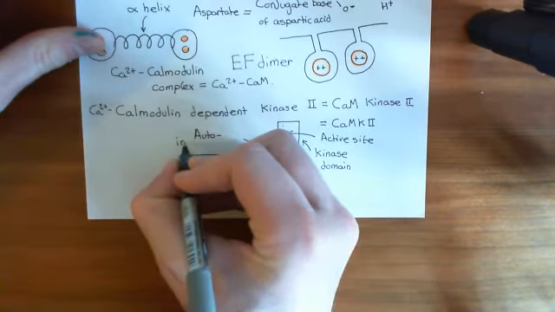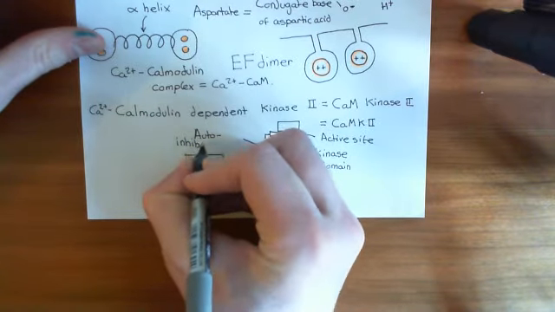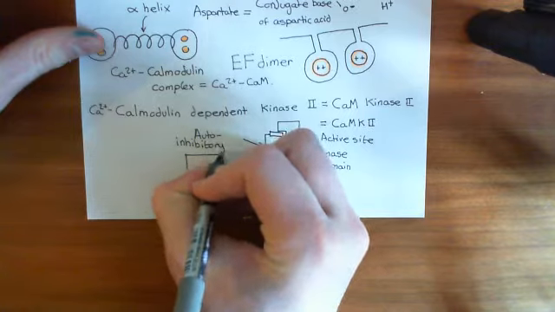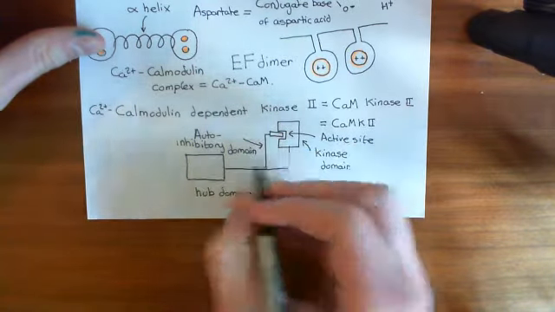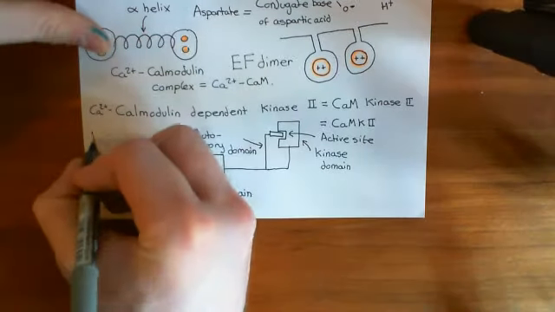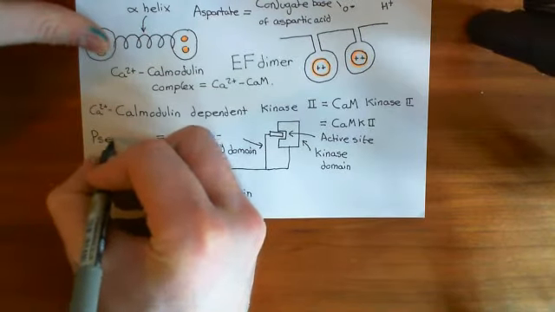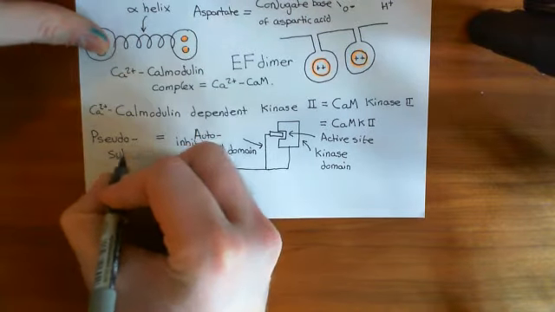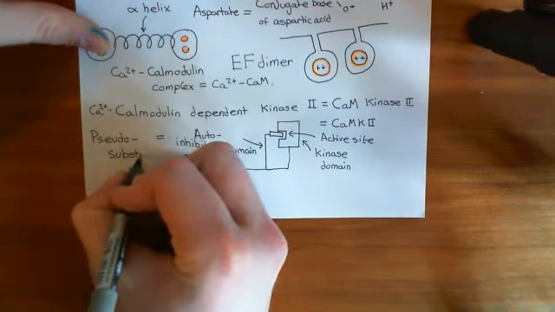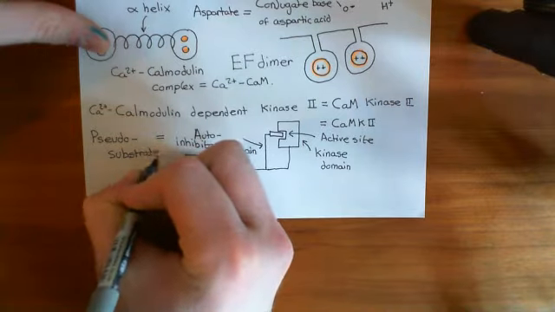So this is the auto-inhibitory domain. Okay, and it's got another name. Some people will also refer to the auto-inhibitory domain as a pseudo-substrate. So this is also referred to as a pseudo-substrate because it's fitting into the active site as though it were a substrate, but it's certainly not going to undergo the reaction that the active site is trying to catalyze.